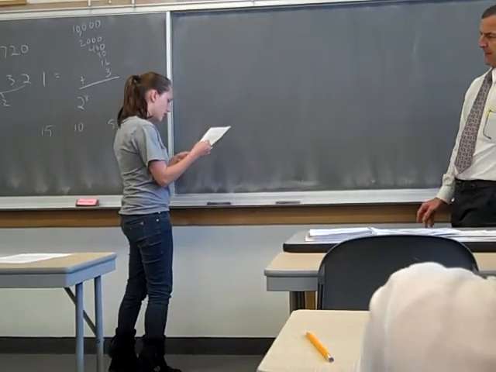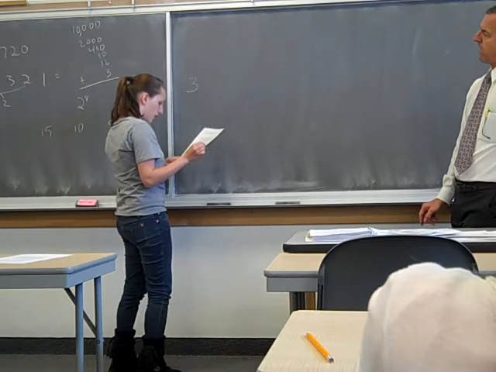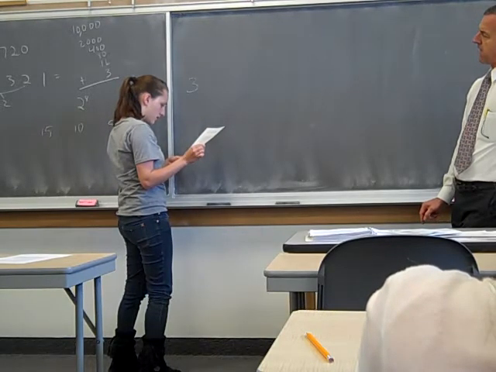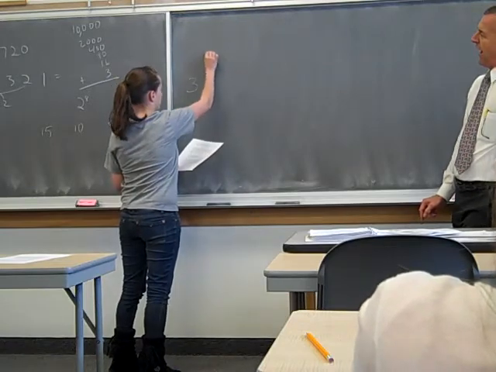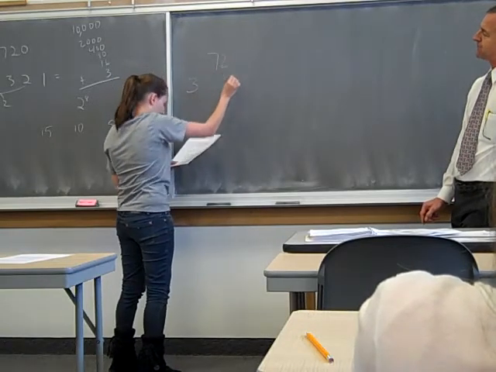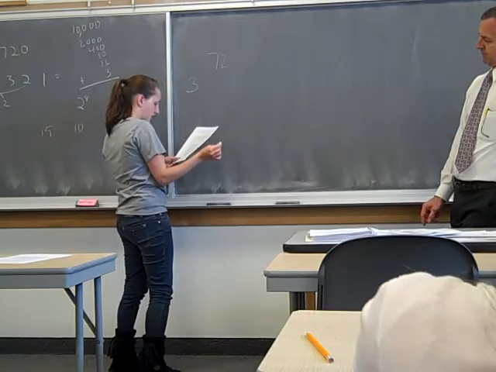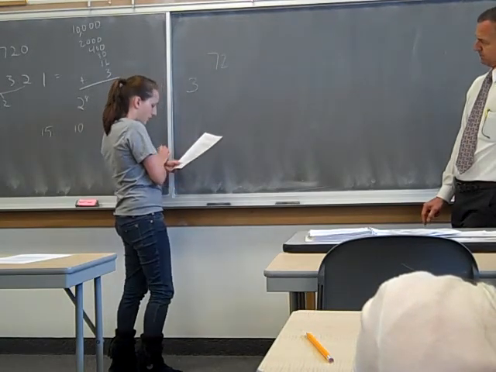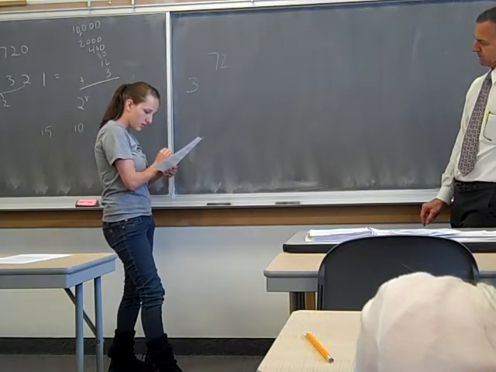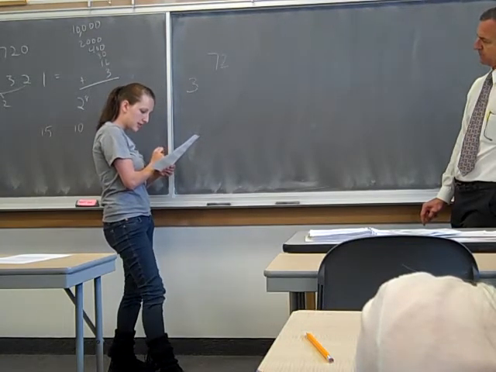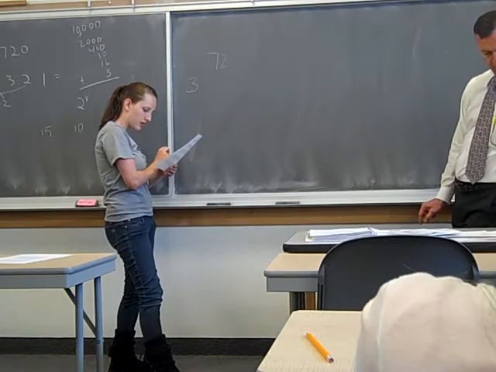So he has 3 children, and the product of their ages is 72. And then the sum is their house number, and the census taker asked, so that he still couldn't find out how old they are.